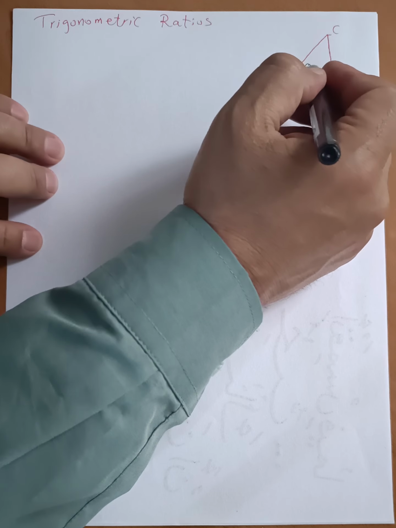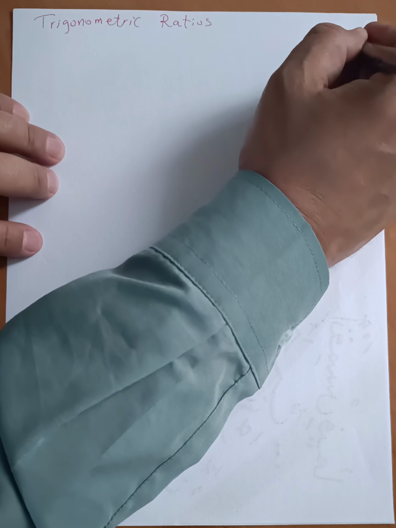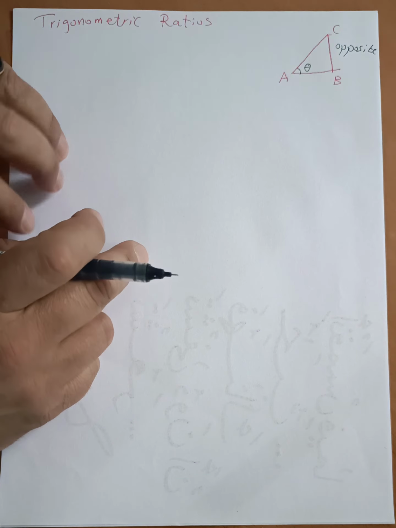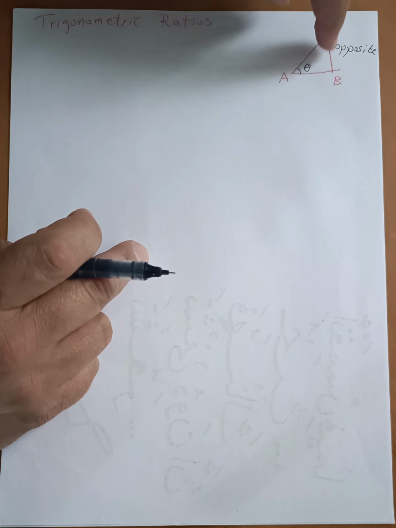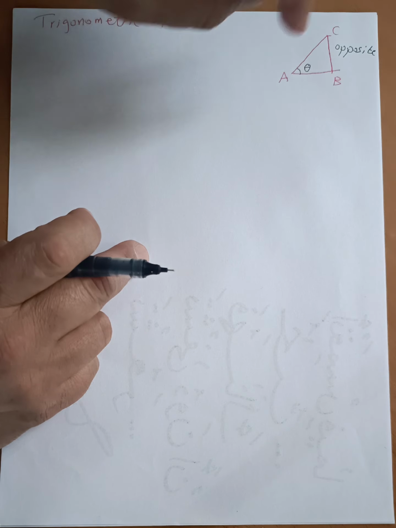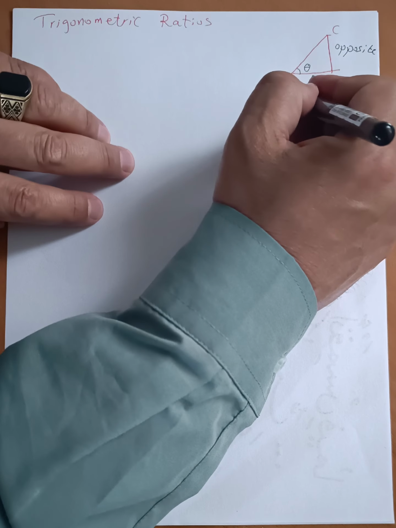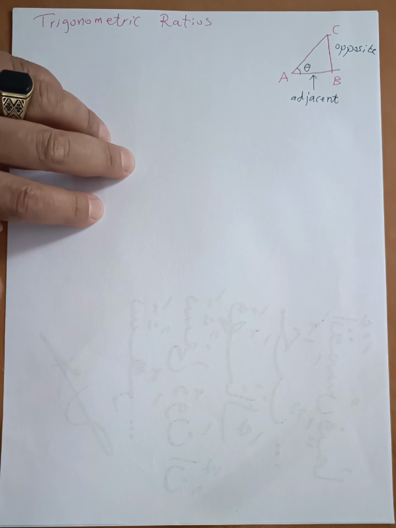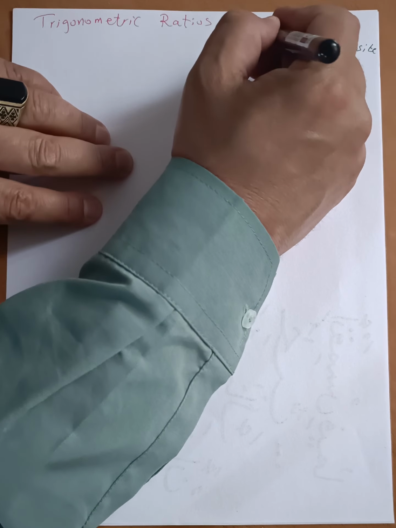If we focus on this theta, this side, this leg, we call it the opposite, because it lies opposite to the angle theta. And this side I call the adjacent, because it touches the angle from the right. This side is the hypotenuse.